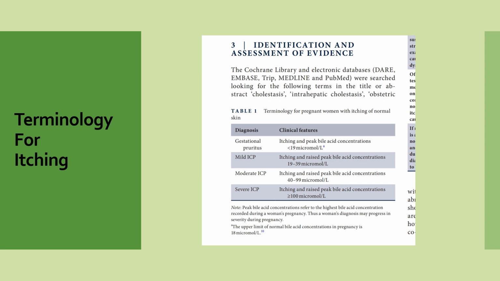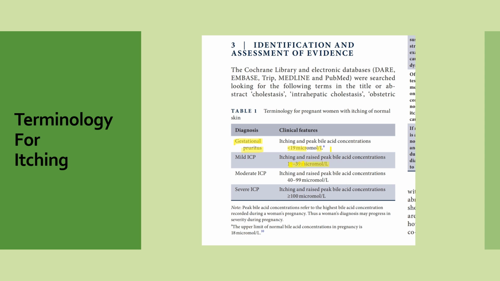In this slide, we can see terminology for pregnant women with itching of normal skin. At first, we can see gestational pruritus. When there is itching and peak bile acid concentration less than 19 micromole per liter, then we can say it's a case of gestational pruritus, not ICP. And if the bile acid concentration is at least 19 micromole per liter, then we can consider the case as ICP.